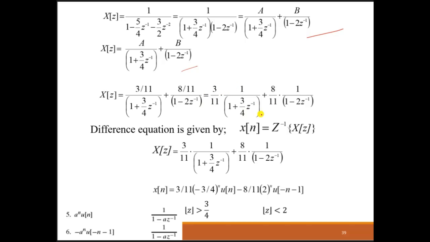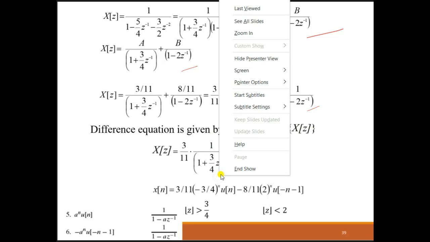Alright, so you have this form that is similar to the one in the table. Alright, so difference equation is given by Z to the power of negative 1 X(z), so you dapat x[n] tadi, so refer pada table. So this part tadi, okay, is similar.